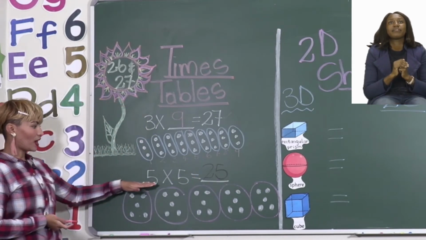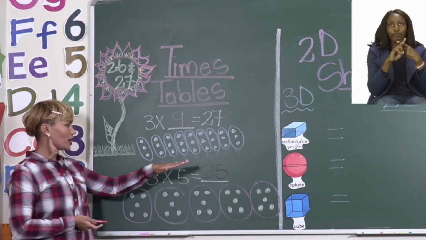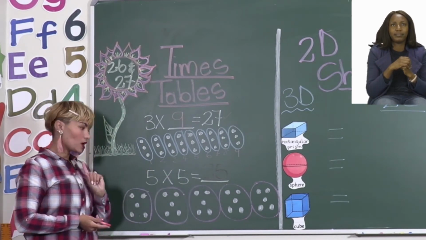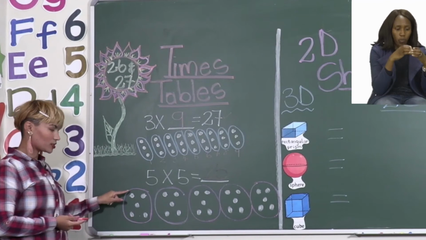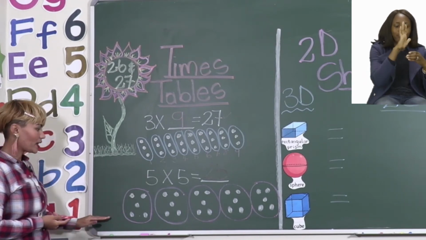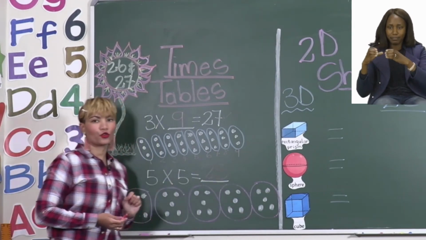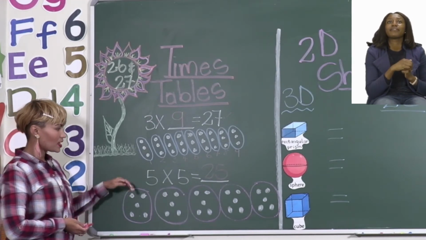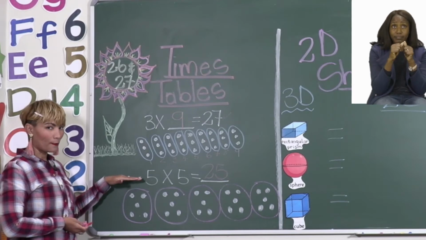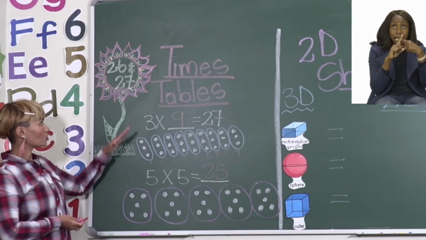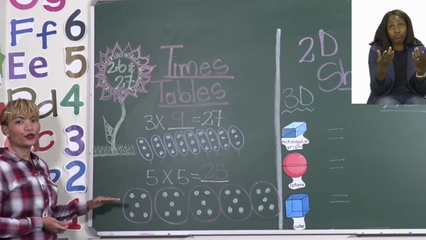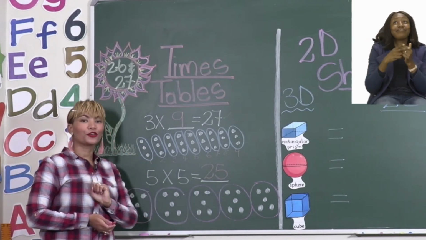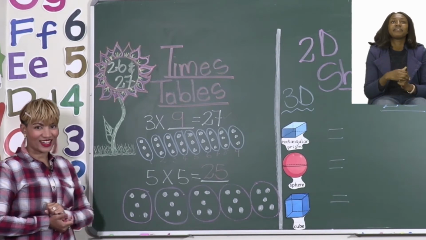So 5 times 5 equals 25 because we have 5 dots per group and we have 5 groups here. Okay, so remember, when you get a sum, multiplication sum or times tables, you can make little groups of numbers for yourself to find the answer.